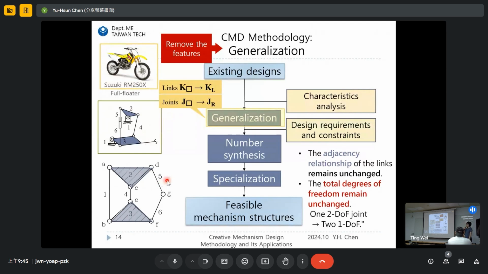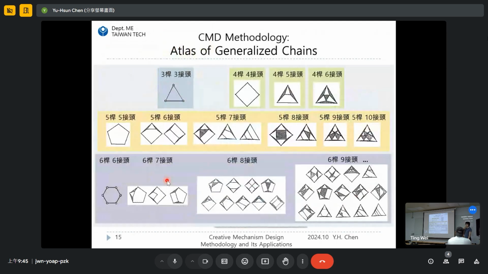And why do we have to do that? Why do we make the generalization? It's just like a database of mechanism DNA, an atlas of generalized chains, which is based on mathematics.